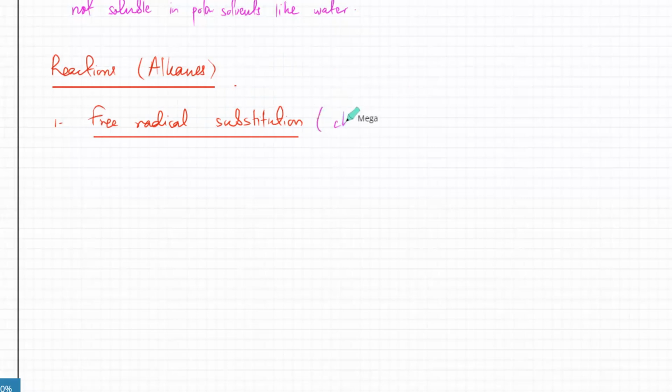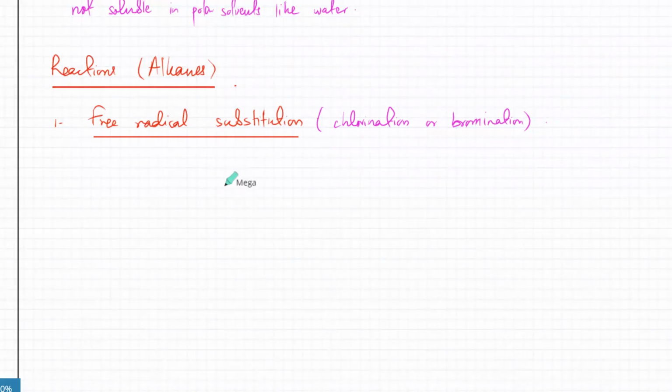It's previously known as chlorination or bromination. This specific reaction, you have to go into a lot of detail about, but not right now. I'm going to go into the mechanisms of the reactions right at the end. We'll just cover what the reaction is.